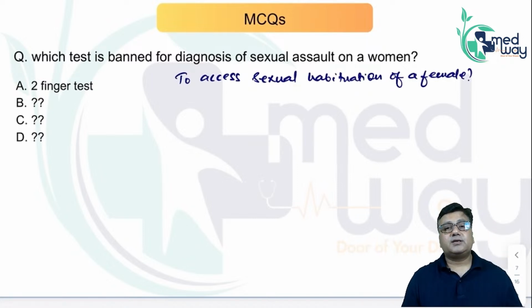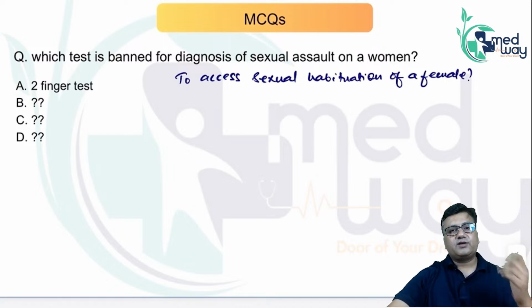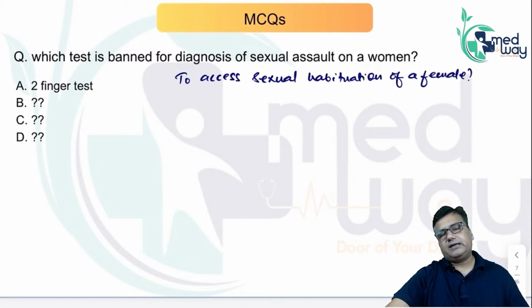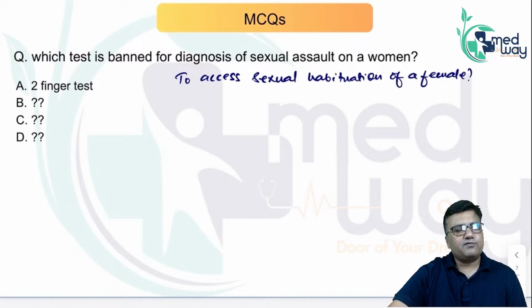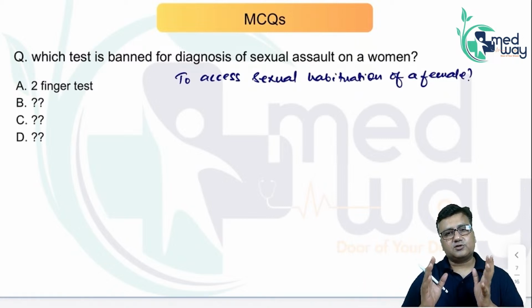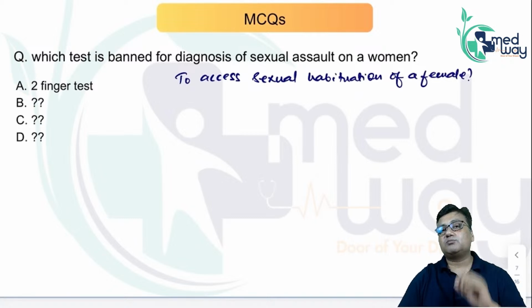But in 2013, the Government of India, along with the references of the Supreme Court, ruled that this test is outraging the modesty of a female who has already experienced some sort of sexual assault, and these kinds of tests being done to assess whether she is sexually habituated or not is outraging her modesty, and so this test was banned.